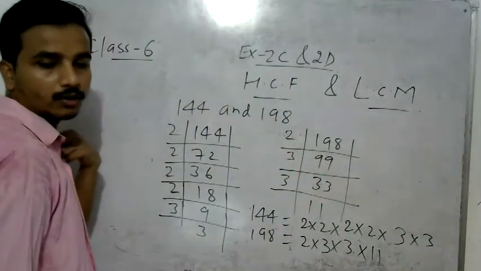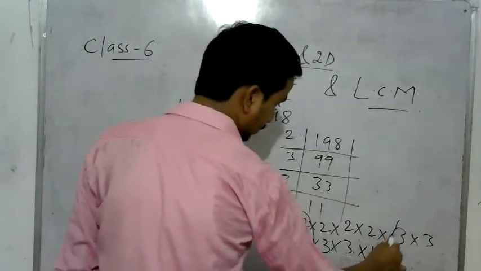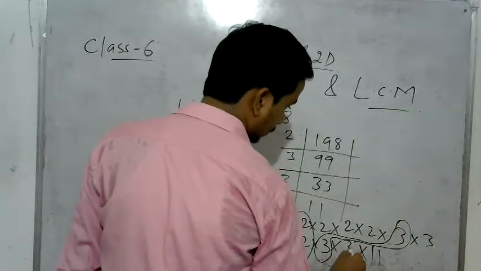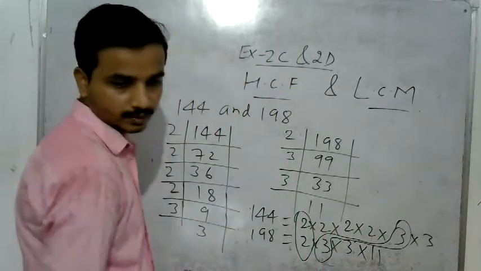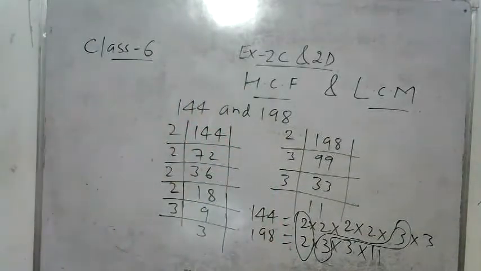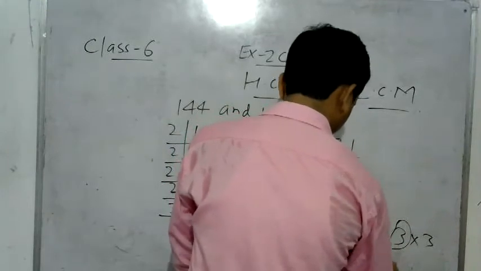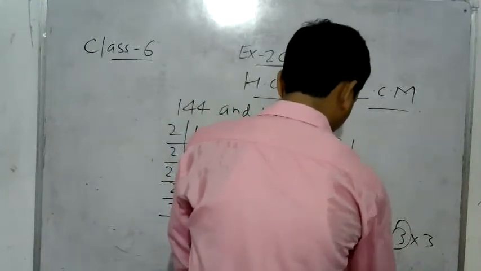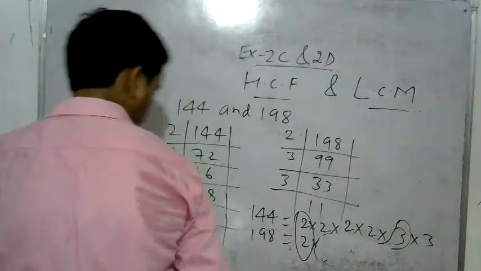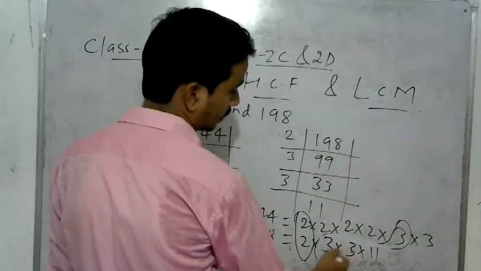So what is common? One 2 is common and two 3s are common.